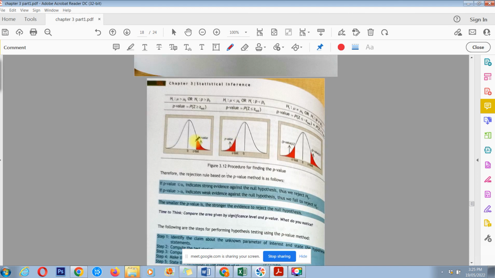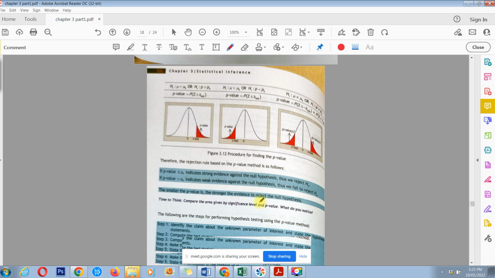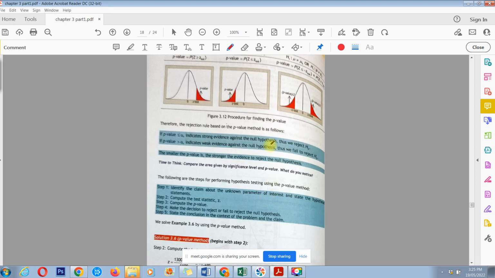For the p-value, actually we use the value inside here. Actually, that is the similar thing, just a different method.